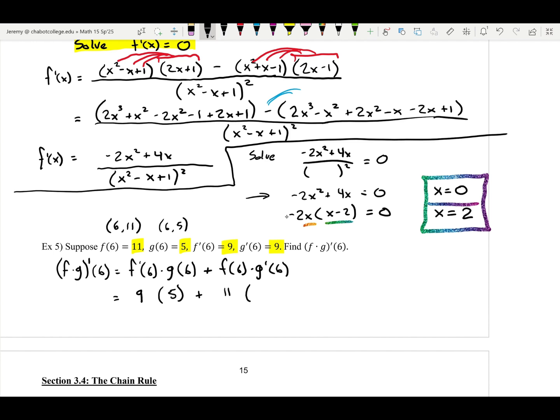And then G prime of 6 is also 9. Okay, so I'll just evaluate these. So this will be 45 plus 99. So I'm getting 144.